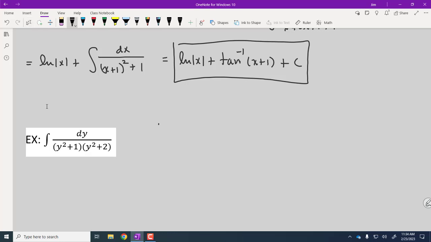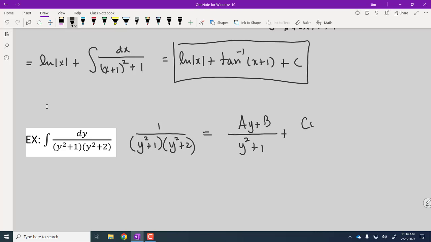So these being irreducible quadratics, this is what we will be using for our PFD. We're going to have an ay plus b over y squared plus 1. So we are going to need a partial fraction for each of the factors in the denominator. So that'll be our setup. Irreducible quadratic twice.